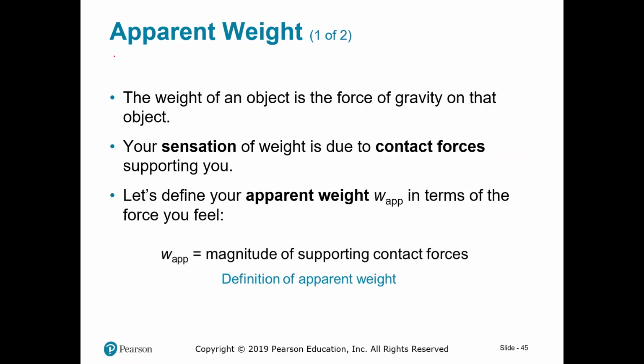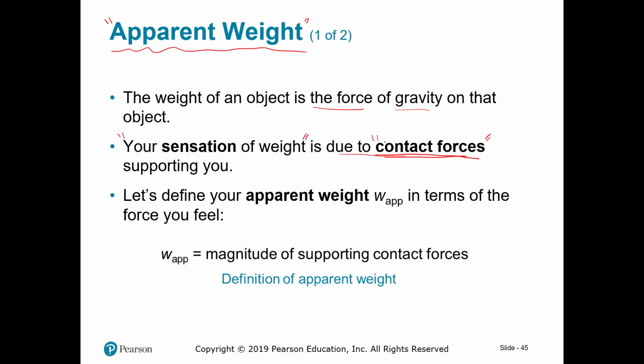And another new term you will learn is the apparent weight. The weight of an object is the force of gravity, right? Your sensation of weight is due to the contact force supporting you. In other words, the normal force, the contact force, will be your apparent weight.